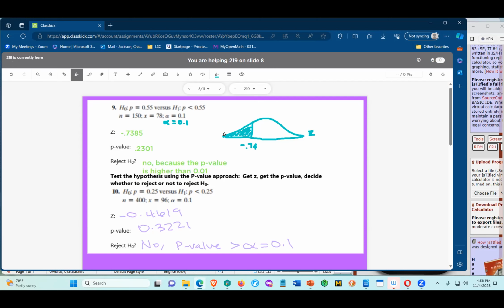I mean, we're at 0.23, it's totally possible that we could just get these sample data, which are not very extreme. If we were going to have very extreme sample data, that would be very unlikely to happen.